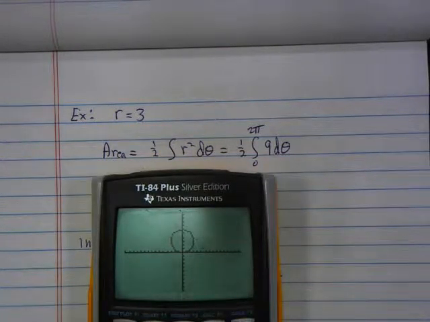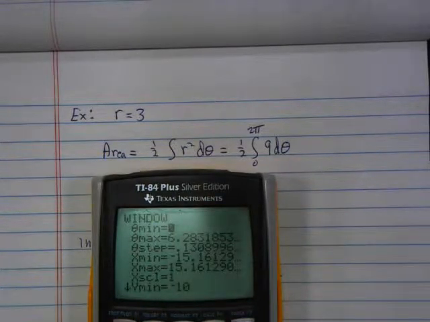What do we use for theta values this time? We go 0 to pi? Okay, so what I like to do, if I think I should go 0 to pi, I like to set up my window to go 0 to pi and then see what I get.